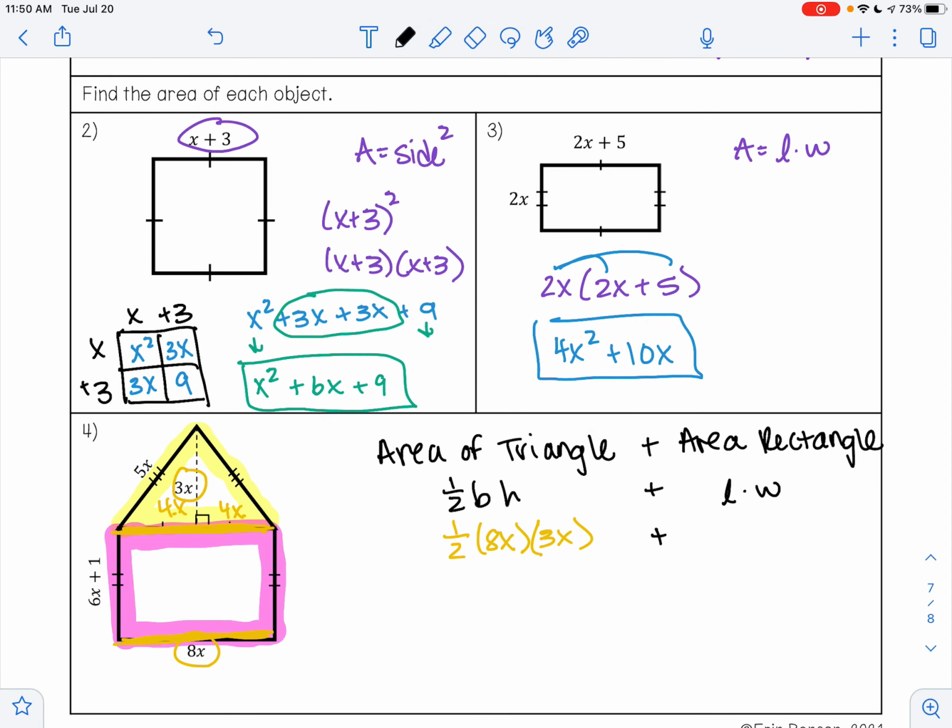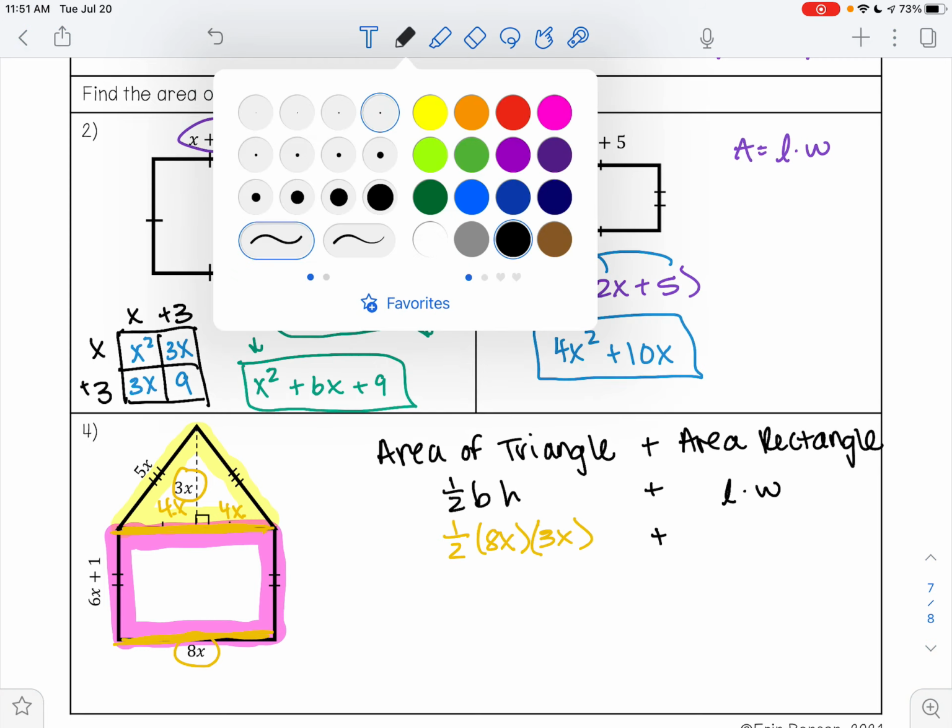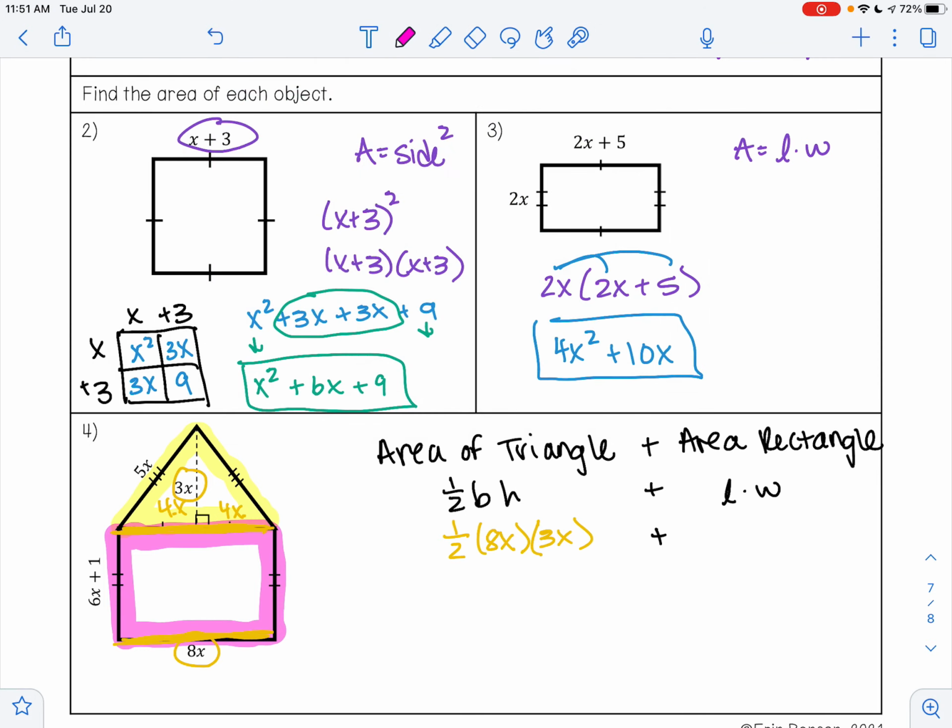Plus, and then I also need to find the area of the rectangle. The rectangle is length times width. So here I'm going to have 8x multiplied by 6x plus 1. 8x times 6x plus 1.